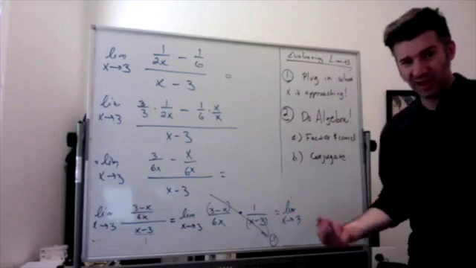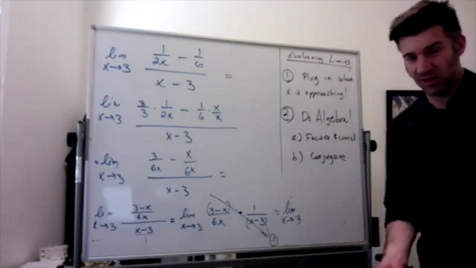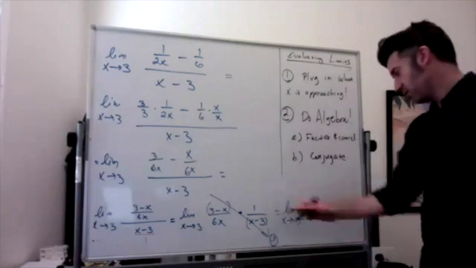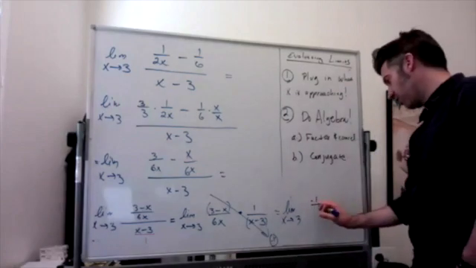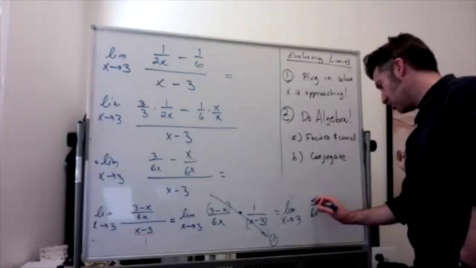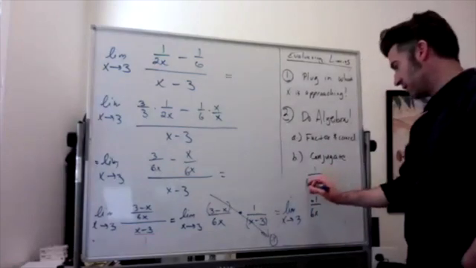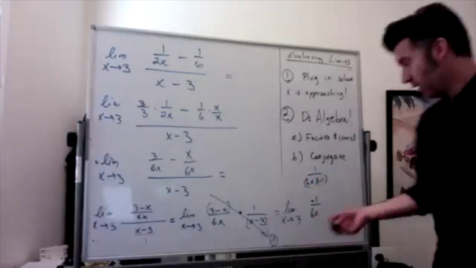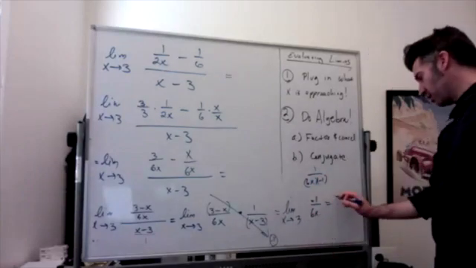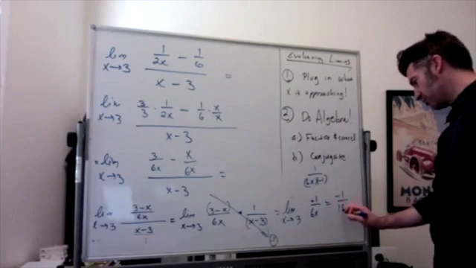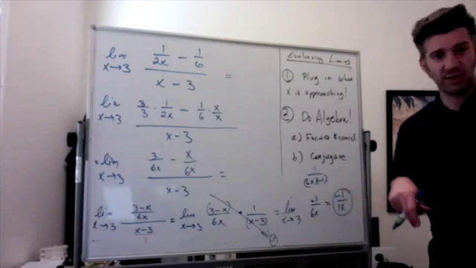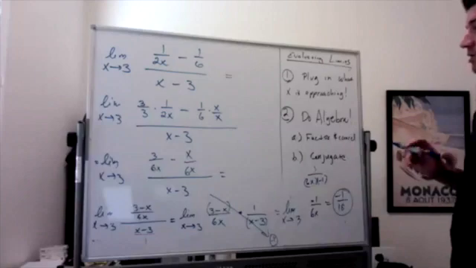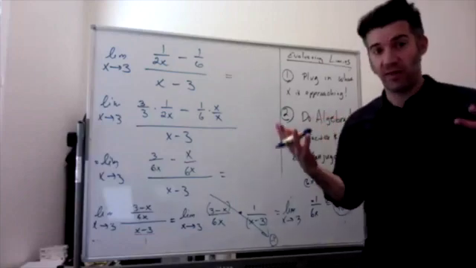It doesn't matter if you put the negative 1 in the top or the bottom. I usually put it in the top if there's nothing else in the top. You could write this as negative 1 over 6x, or as 1 over 6x times negative 1. Doesn't really matter. Then when you plug in the 3, you get negative 1 over 6 times 3. That's your limit.